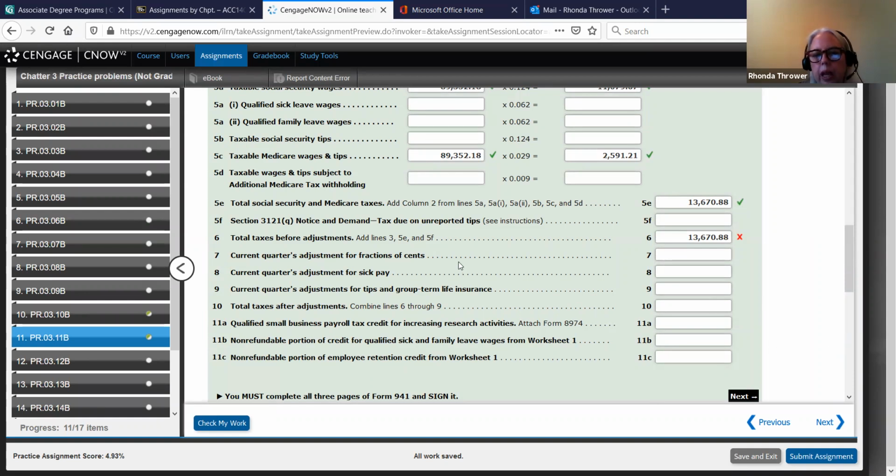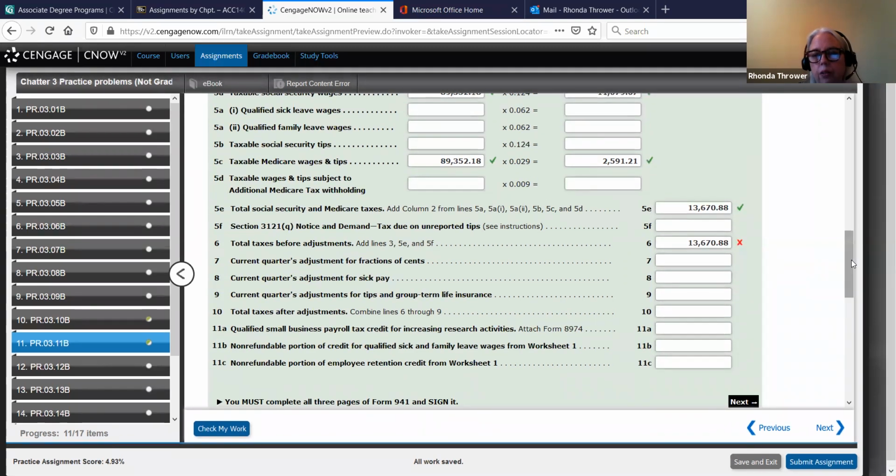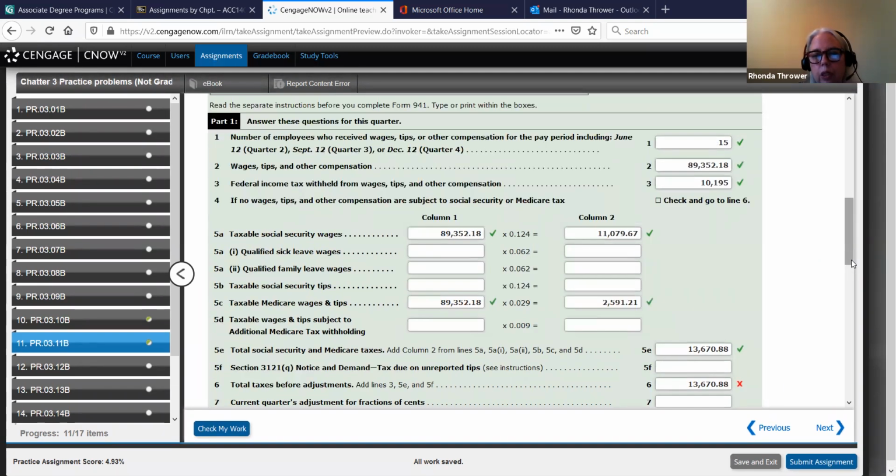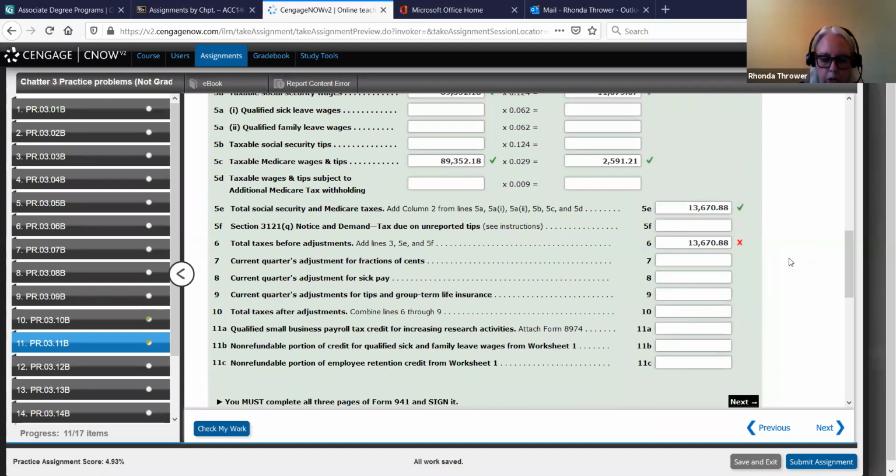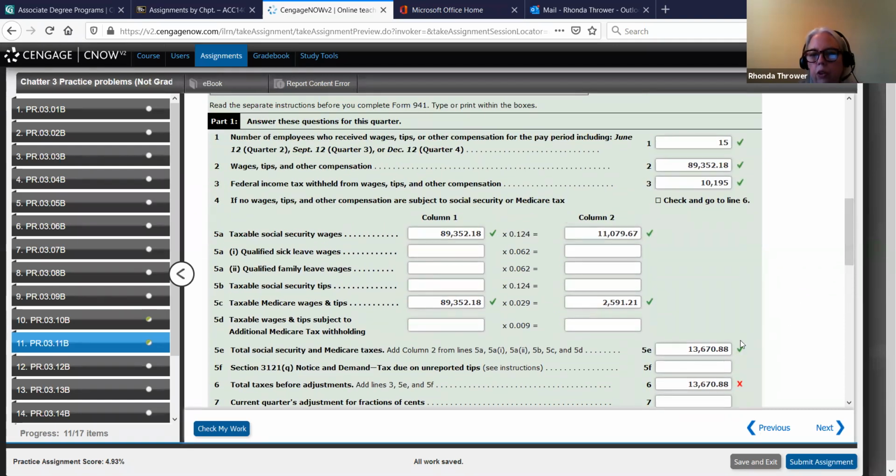Oh, excuse me, I just added line 5E and F, but notice it says to include line 3 in there. So that's why that's wrong. Line 3 was for your federal income tax. I just had the Social Security portion of that. So it's not 13,000, that's Social Security and Medicare tax. We got to go back and add the federal income tax to that. It's a good thing I checked that, isn't it?